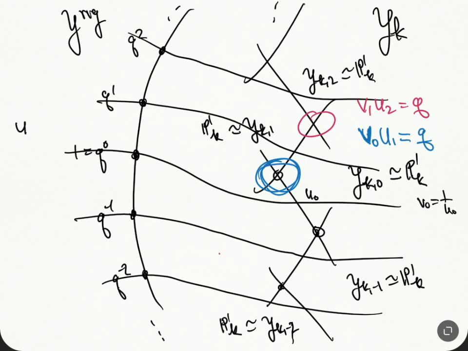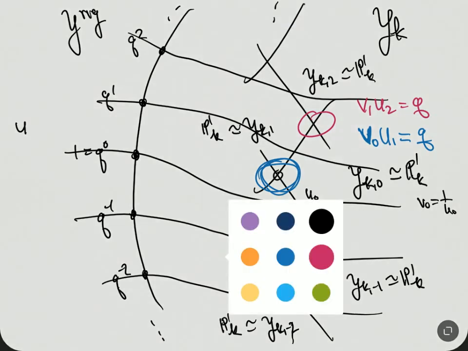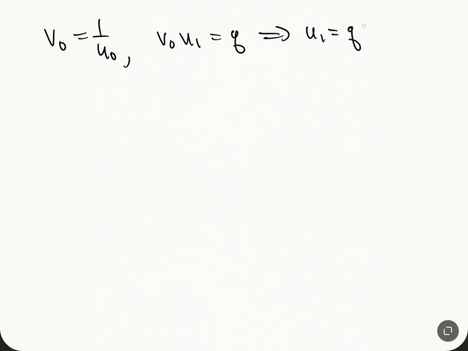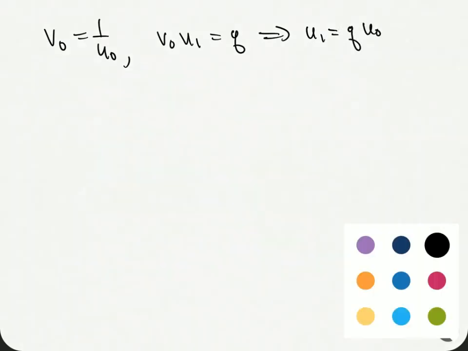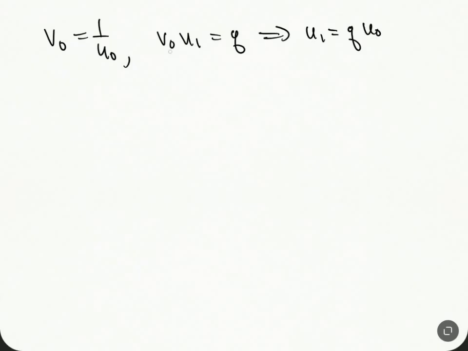Okay, so let's look at what this means. Let's write down what this means. So V_0 is 1 over U_0, and then V_0 U_1, we said that this was q. So this tells us that U_1 is equal to q U_0. How did I do that? I just divided over on this side here, and then 1 over V_0 is U_0.